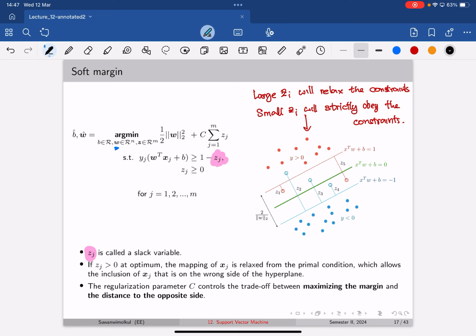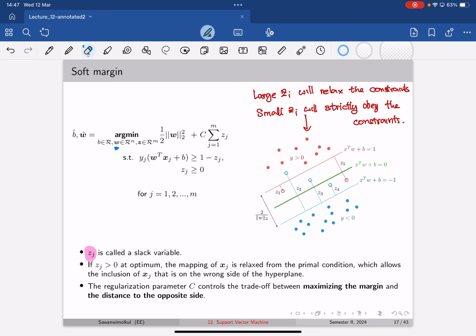Notice that j is the indexing value for all of our training samples. That means that every training sample that satisfies this condition can be relaxed by this slack variable ξj. So ξj will allow the mapping to be maybe on the wrong side.